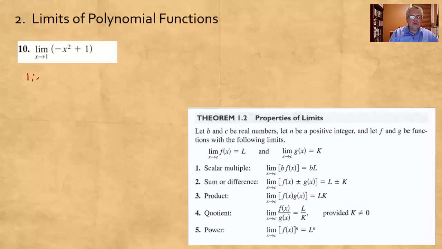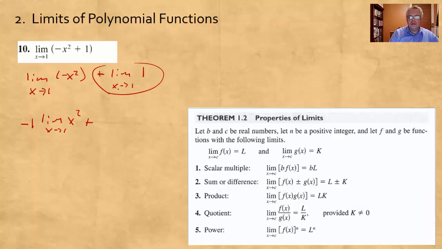This is the limit as x approaches 1 of minus x squared plus the limit as x approaches 1 of 1. All right, I can think of this as a minus 1, and I can bring it out front. Minus 1 times the limit as x approaches 1 of x squared plus, this is just 1.